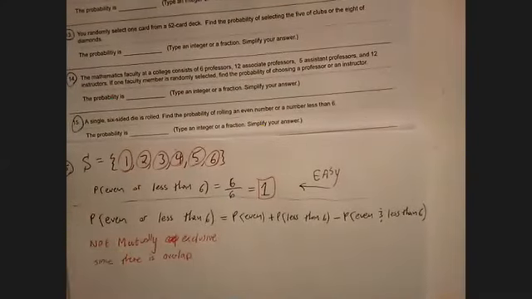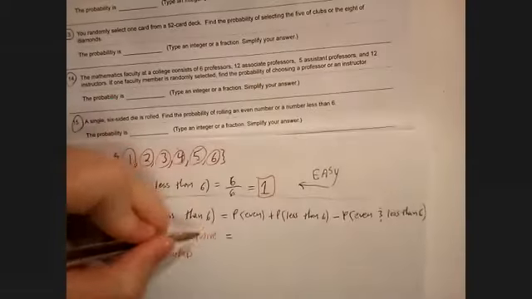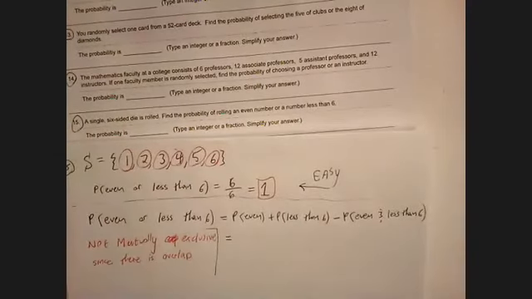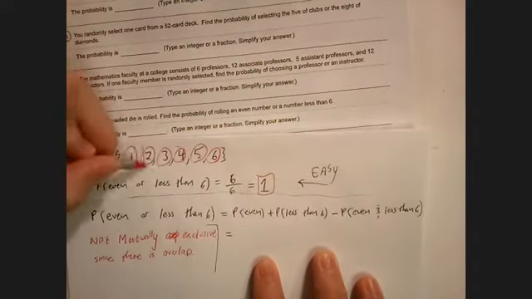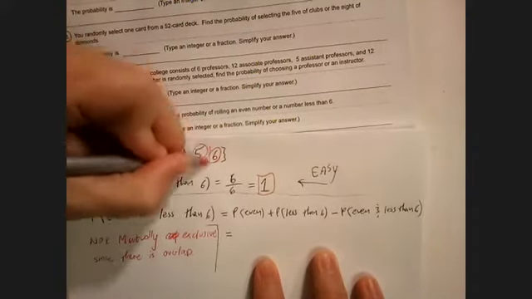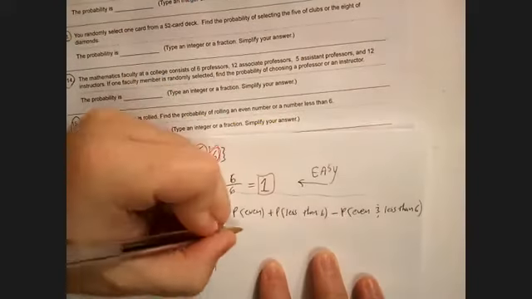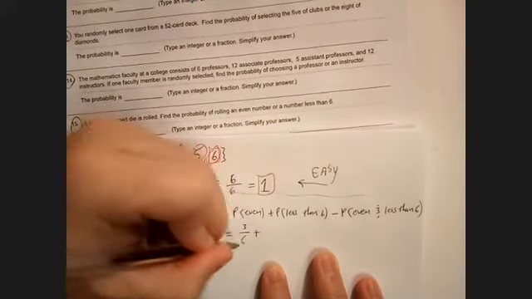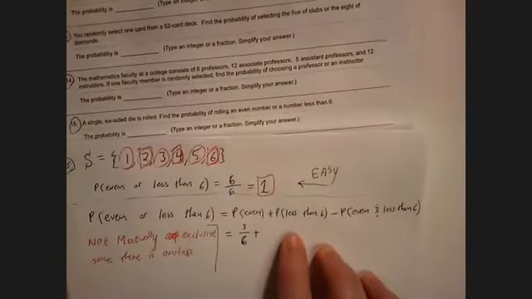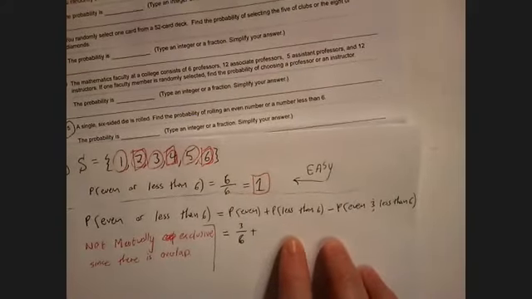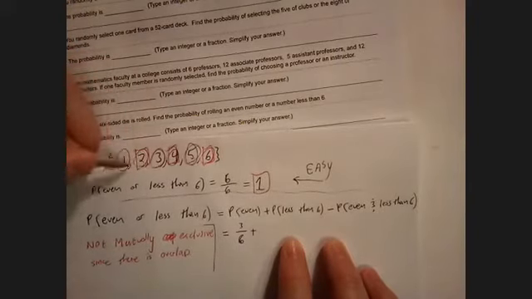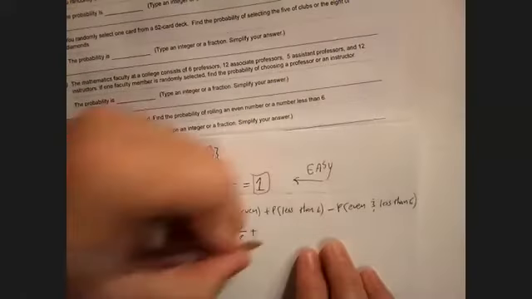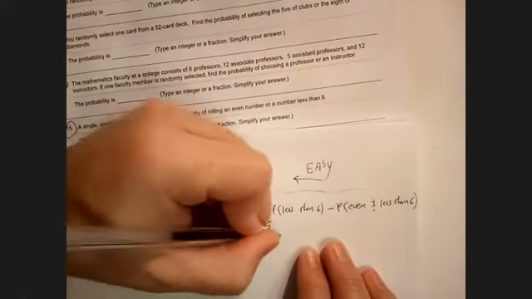So you probably already fast forwarded the video, but probability of even, again, 2, 4, 6. That's 3 out of 6. Plus the probability of less than 6: 1, 2, 3, 4, 5. 5 over 6.